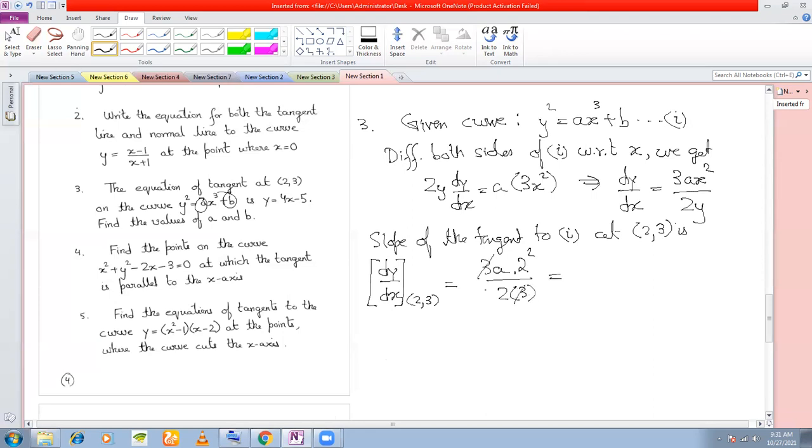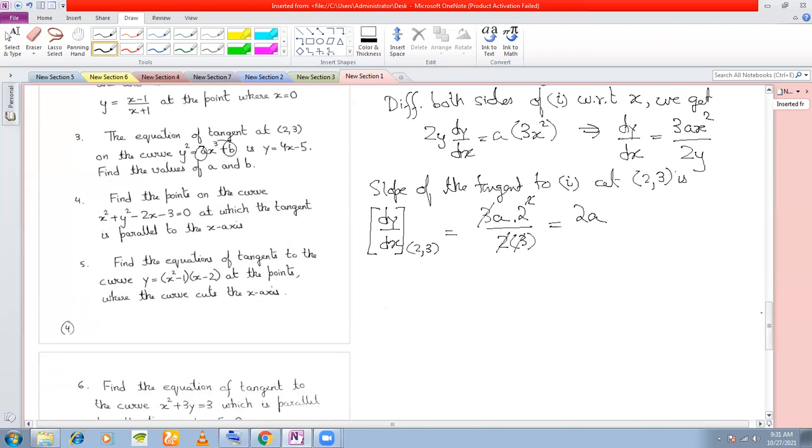So this 3 cancels, this 2 cancels here, and you simply get 2a as the slope of the tangent. Okay, we are getting the slope of the tangent as 2a.